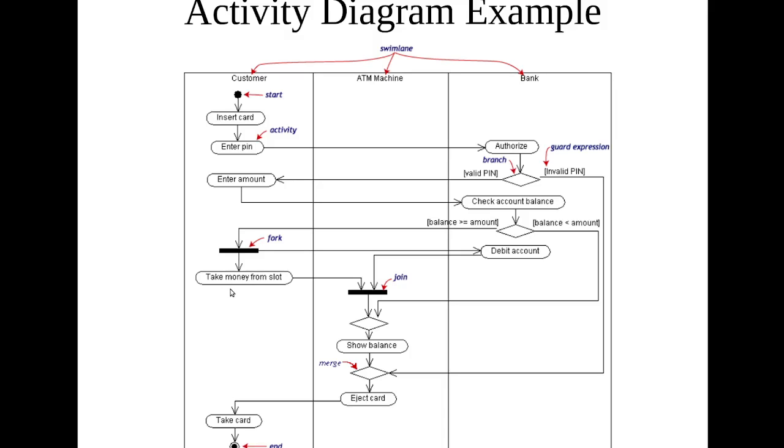Once both of them are completed, they join here, and they move further to find out whether we have to show the balance or not. And then whatever else is according to normal ATM operation.